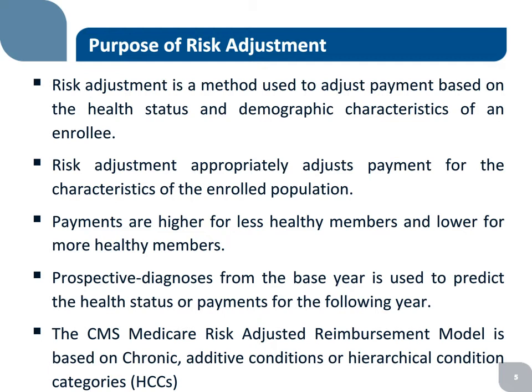So it basically adjusts the payments for the population, which is really a good thing because years ago, you might have a sicker population than someone else, and the revenue was kind of the same. And so now it's pretty much leveled the playing field as far as making sure we have the right resources for all the different populations, whether you have a sicker population or a healthy population.